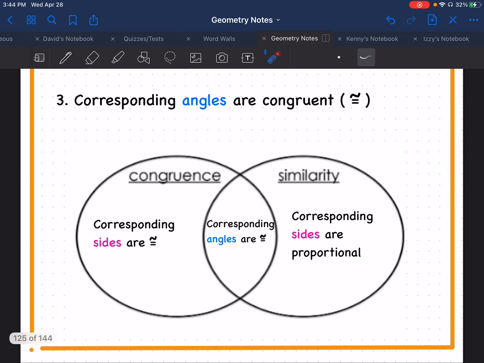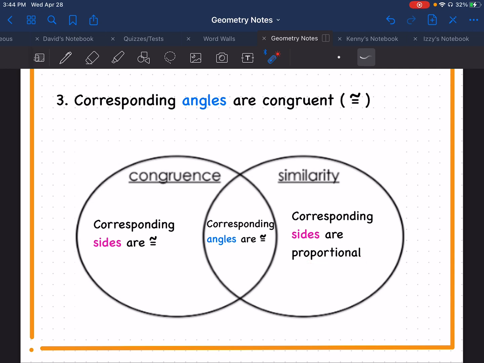All right, so if we take a look at this in a Venn diagram, we can see that the corresponding sides are going to be congruent when I have congruent figures. But when I have similar figures, when I'm talking about similarity, the sides are what we call proportional. This means that they're going to make a ratio.